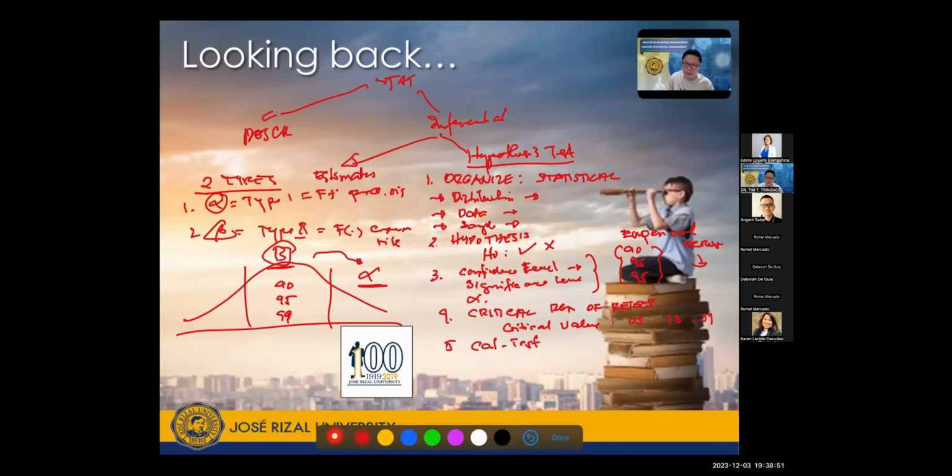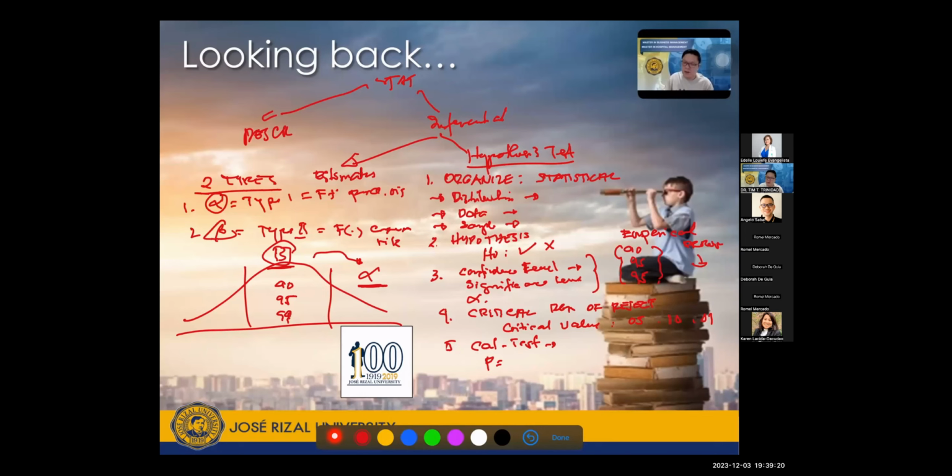Okay, so if you do your calculated test, the main aim is to establish your, anong hinahanap mo sa calculated value ng test? Anong hinahanap mo? If you are doing the testing, anong hinahanap mo?